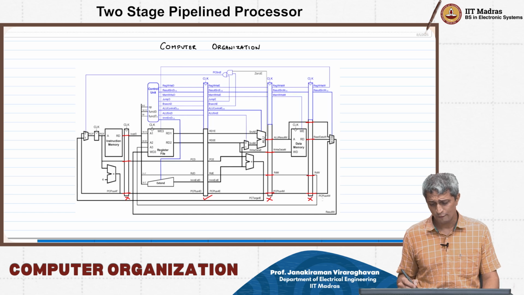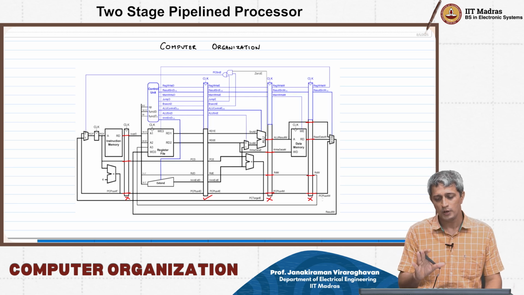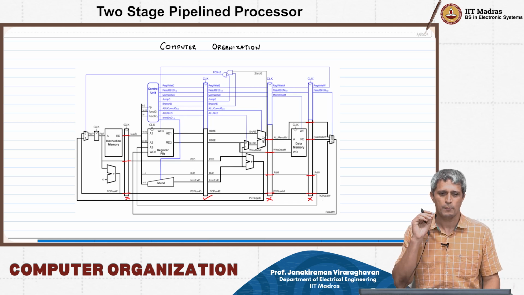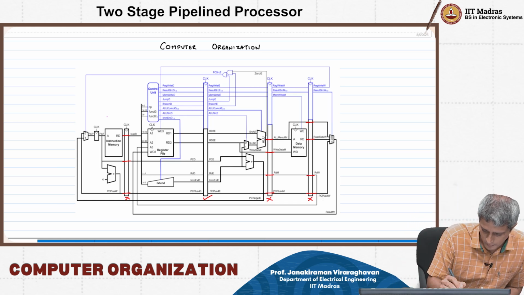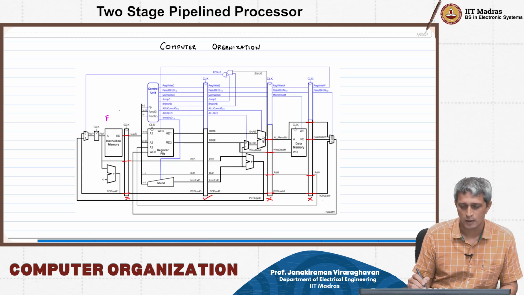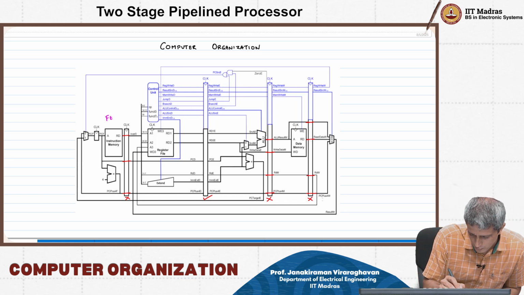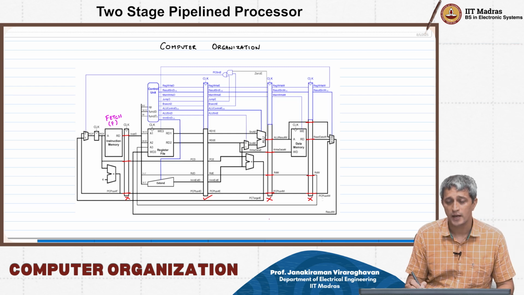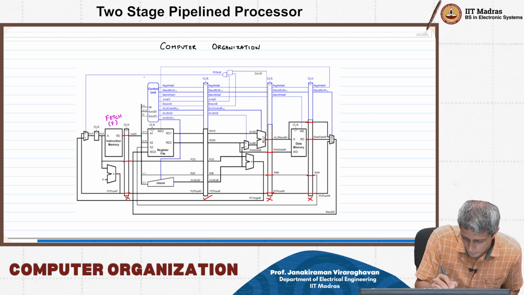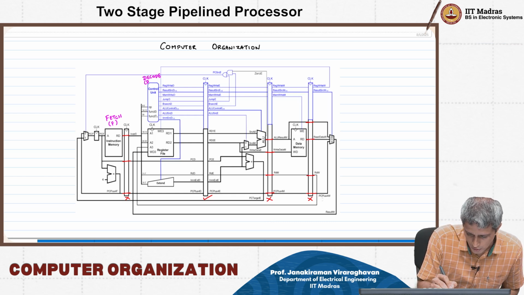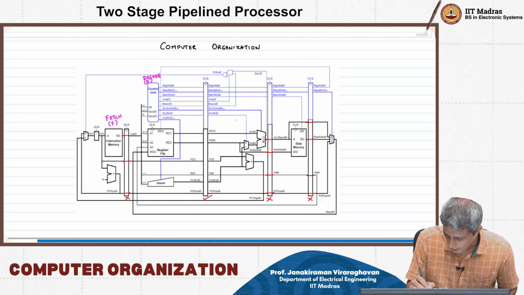So effectively what we now have is a very nice simple pipeline where we are doing instruction fetch, okay, fetch, and then we are doing a decode, right? So this is the decode, D. Then we are doing execute.